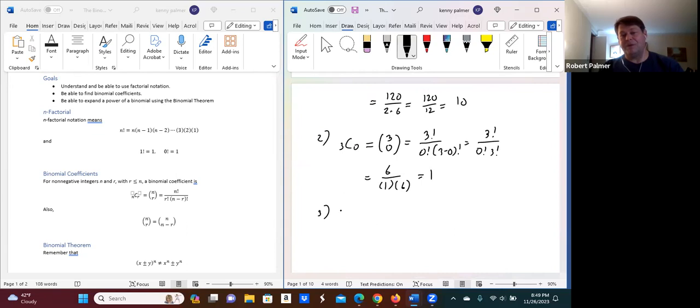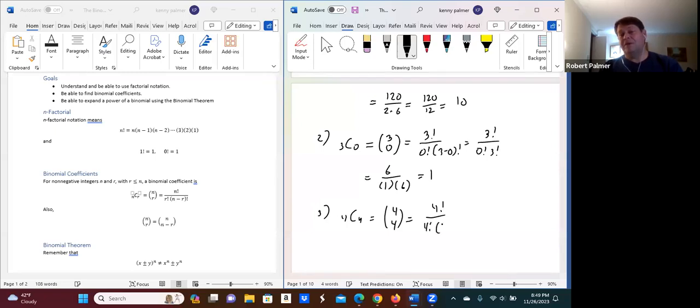What if we do something like 4C4? You can also write it as n is 4, and in this case r is also 4. Just follow the formula. On top, we have the top number, 4 factorial. Down here, we have the r, which is also 4 factorial.